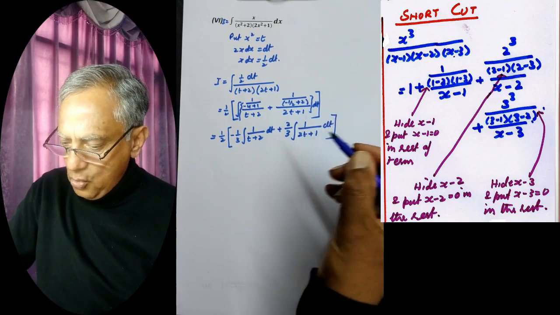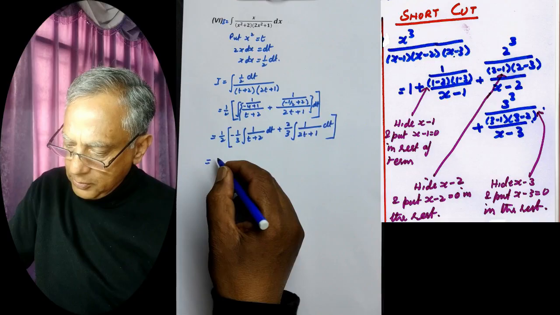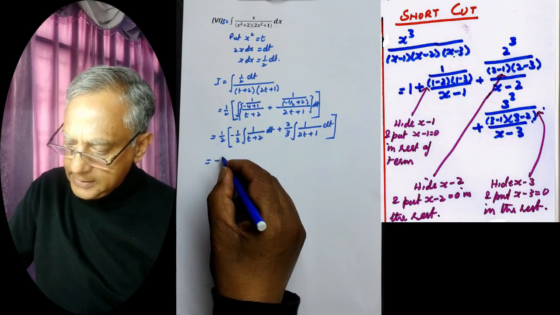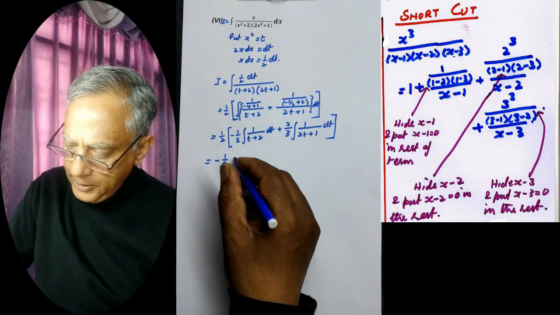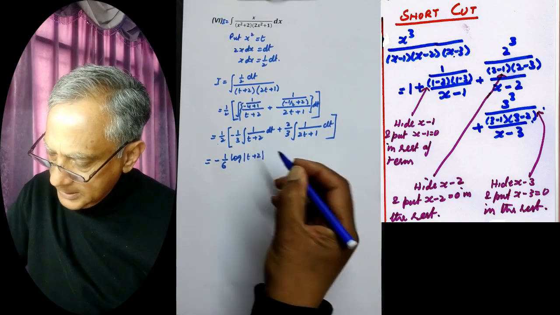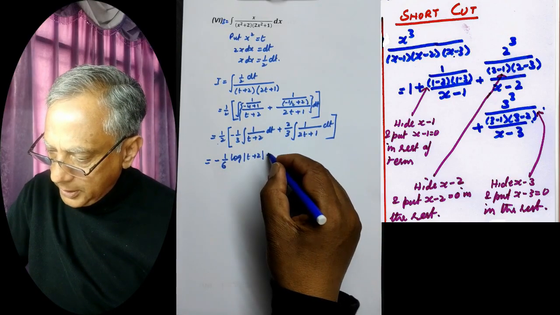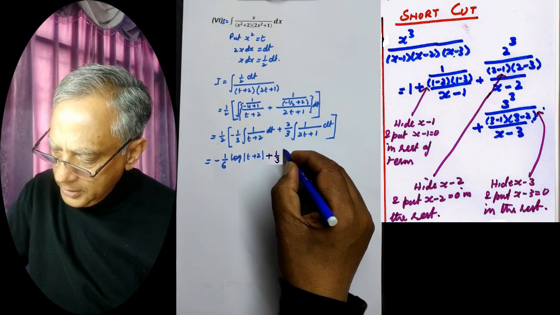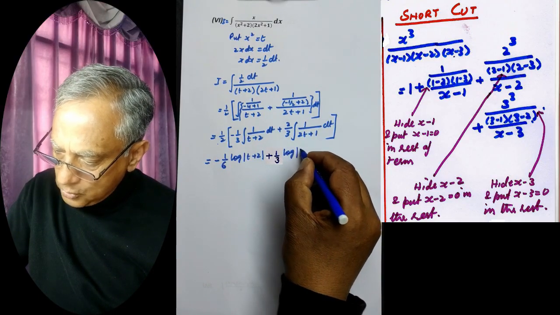And this is equal to, now open this bracket, this will be minus 1 by 6 log of t plus 2 plus 1 by 3 into log of 2t plus 1.